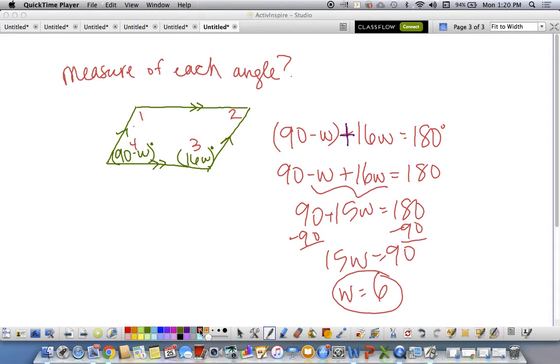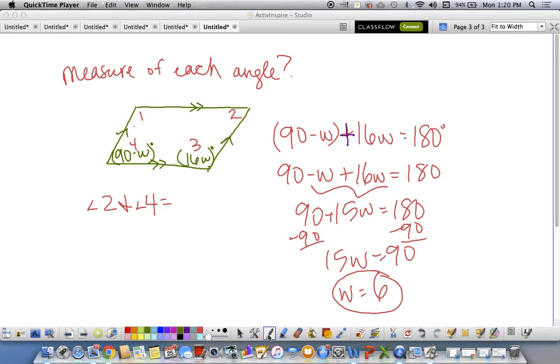So when you plug it in, angle 2 and angle 4. I just wrote angle 2 there. Angle 2 and angle 4, what do they equal?